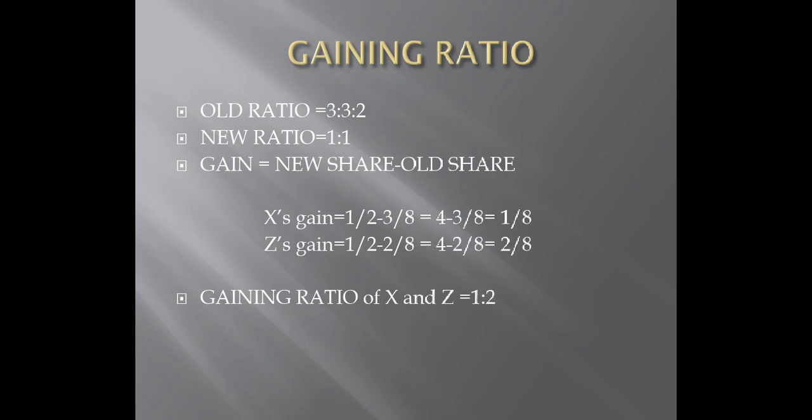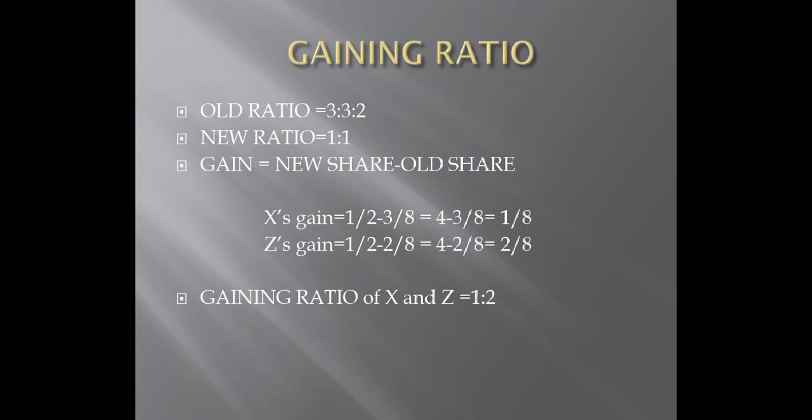This is a basic mathematical calculation. You can obviously understand this. And then the gain of Z, similarly: the new share 1 by 2 minus 2 by 8, and the answer is 2 by 8.